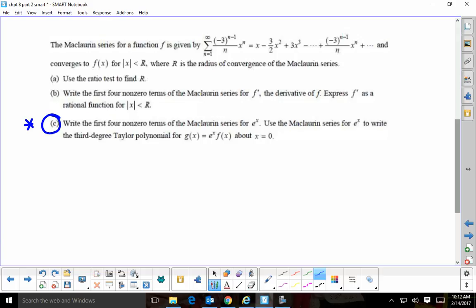We got it? That's 30 seconds. Okay, so there's my first 4 non-zero terms for e to the x.